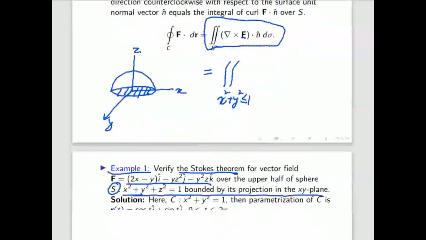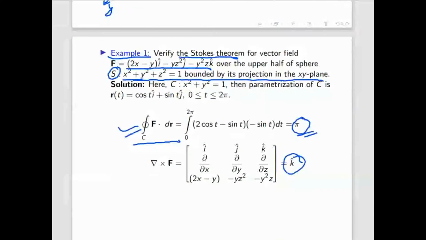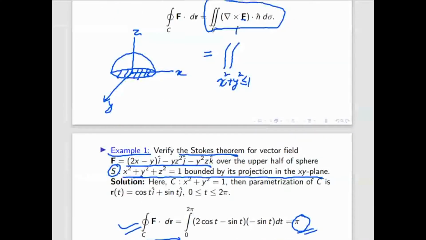So this del cross f is this k cap. This is the value of del cross f. This k cap and the normal, which is also k cap, give 1, and then dx dy. That is the value of the surface integral by using the Gauss divergence theorem, as we have just seen. So you have to integrate over this, and this is nothing but the area of the circle.